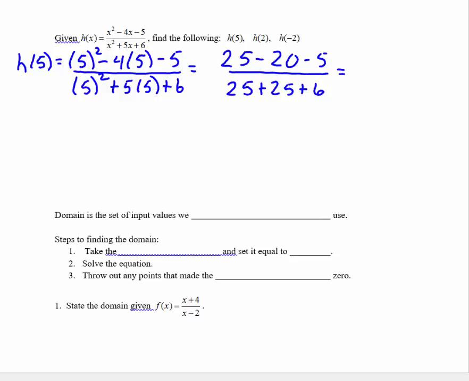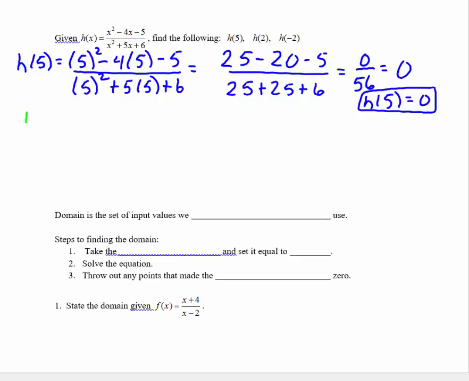So 25 minus 20 minus 5 is 0, and 25 plus 25 plus 6 is 56. We're okay with 0 on top. So 0 divided by 56 is 0, which tells me that h of 5 is going to equal 0. The 5 went in as x, the y value that comes out is 0.